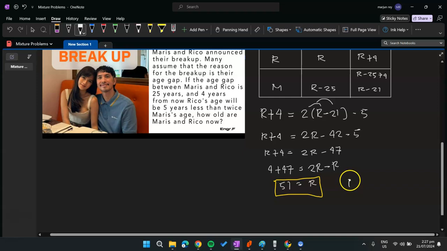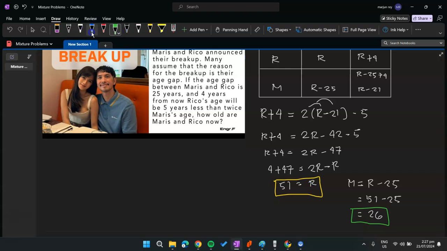So yung edad ni Maris again is just equal to yung edad ni Rico minus 25. So this is just 51 minus 25. This gives us 26. Alright? So yung edad ni Maris now is 26 years old. Si Rico will be 51 years old.